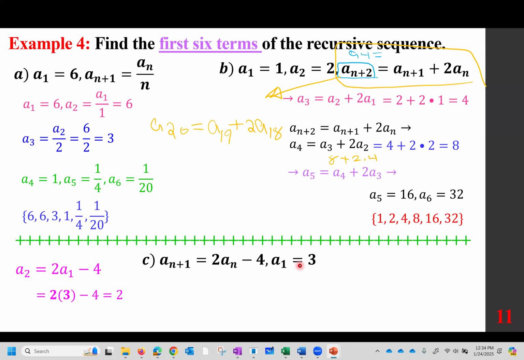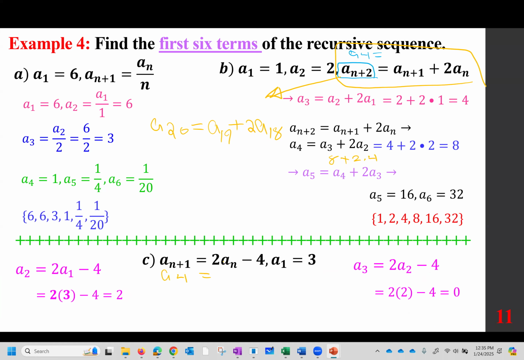What about the next one? What is A sub 3? Would be 2 A sub 2 minus 4, which means 2 times 2, 4 minus 4 is 0. Okay, just making sure we understand that. What would A sub 4 be equal to?